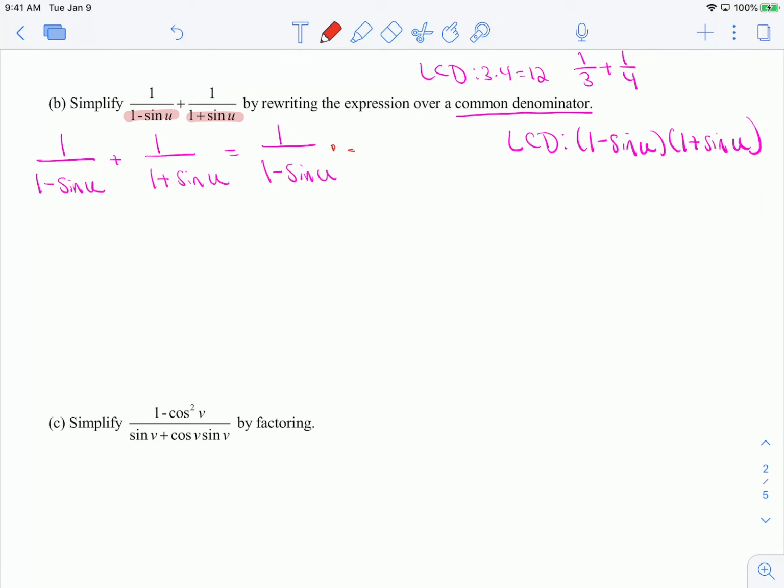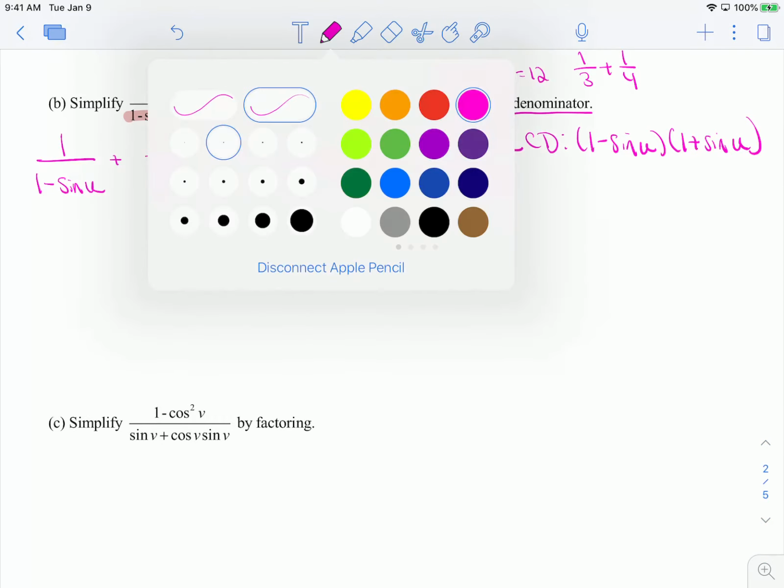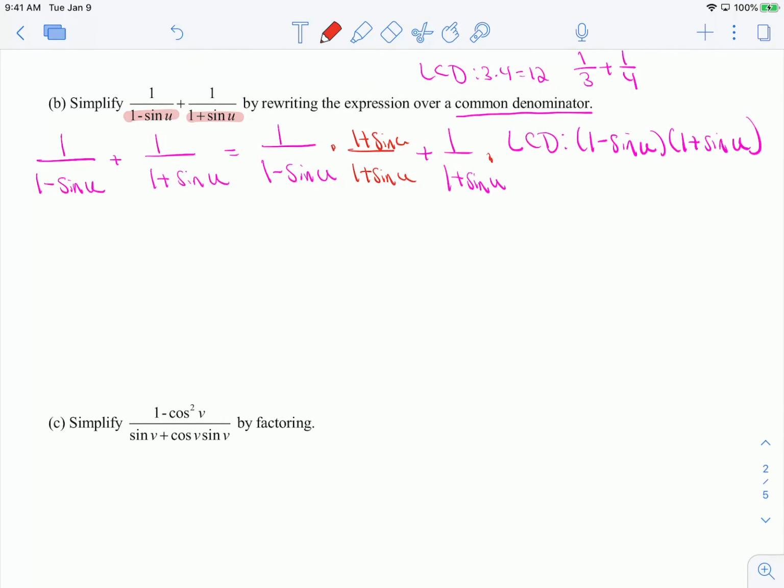So this one needs the 1 plus sine u. And then this one needs the 1 minus sine u. I'm just going to get rid of that. I'll write that above here. 1 minus sine u.